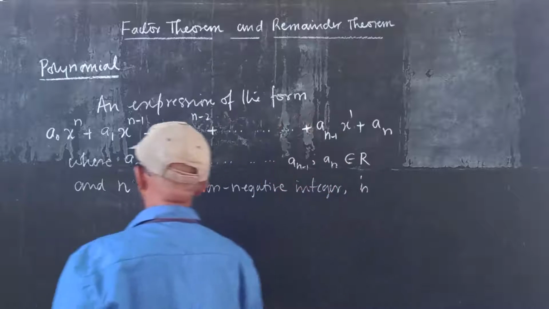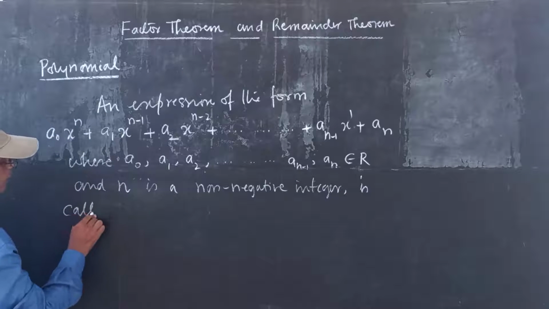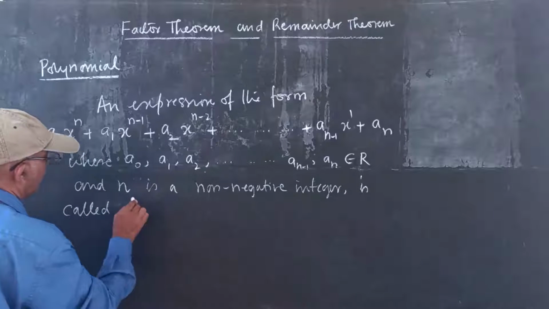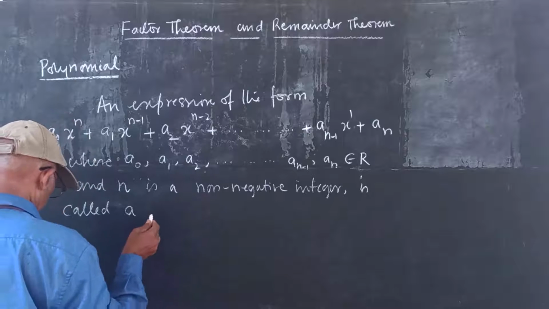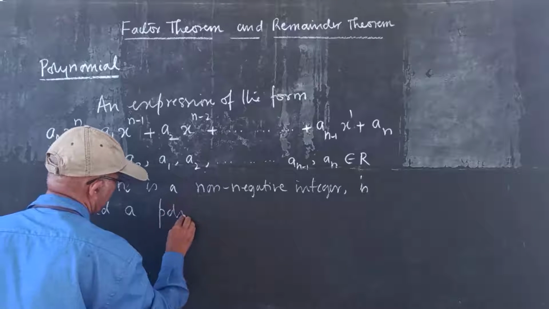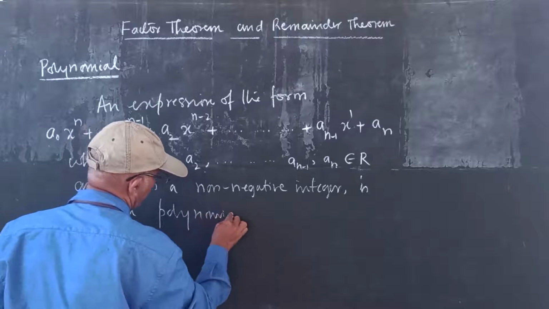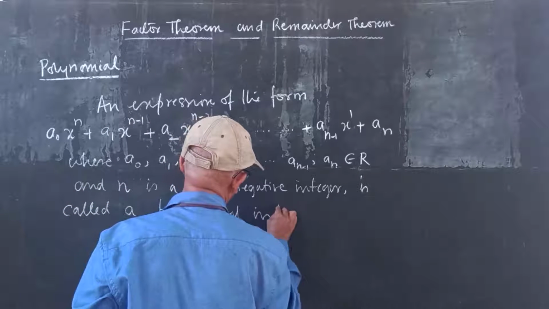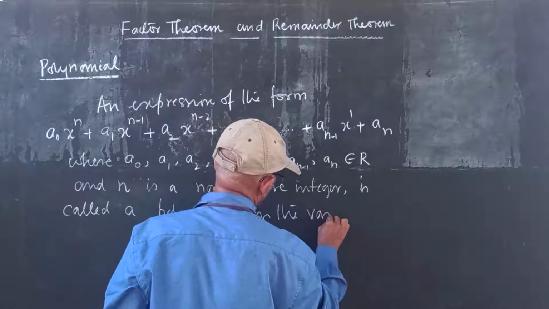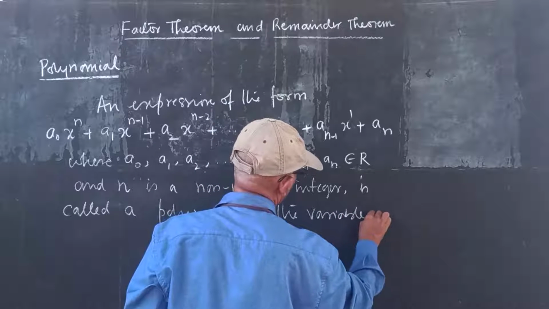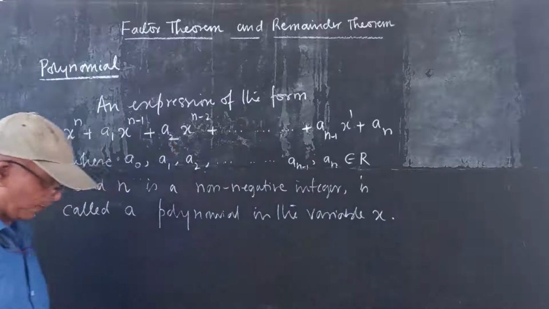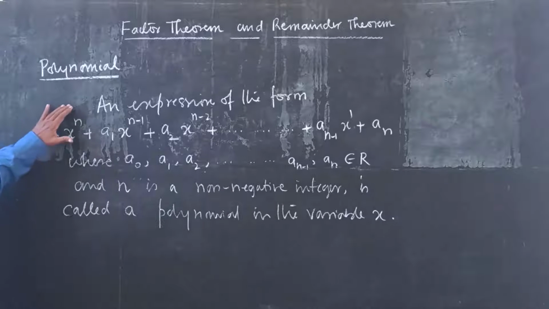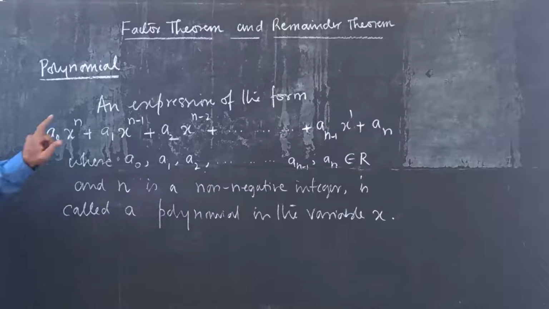Is called a polynomial in the variable x. This is the definition of the polynomial.